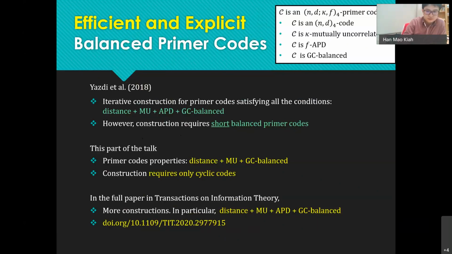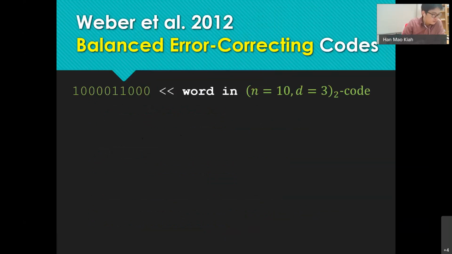In fact, our technique is much more general and allows one to construct balanced codes with error correcting capabilities. Let's review some of the current techniques out there. One of them is by Weber et al. in 2012. This mimics quite closely Knuth's balancing technique.